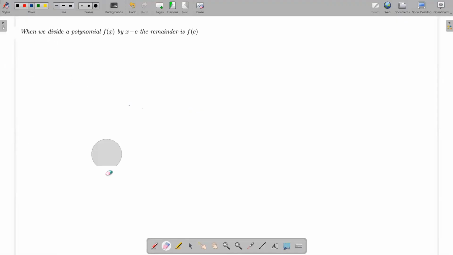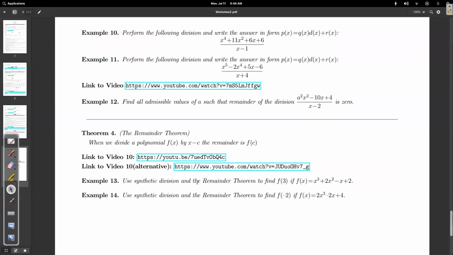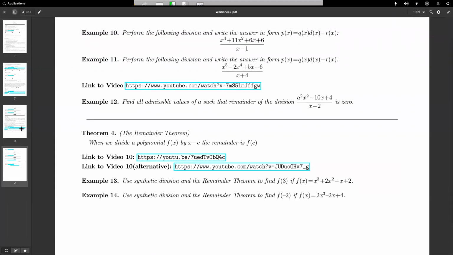We'll do this one. Find h of 3. This one says using synthetic division, so here you have to use synthetic division to find f of 3.